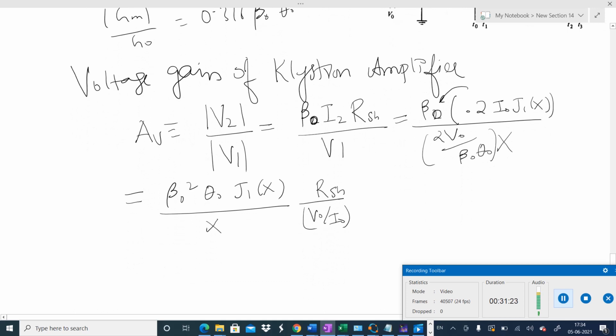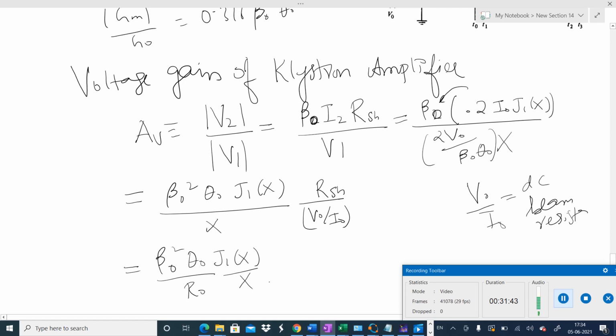Since V naught by I naught are both DC components, we call it DC beam resistance. So it will become finally beta naught square theta naught J1 of X divided by R naught, divided by X R shunt. So this is your AV.